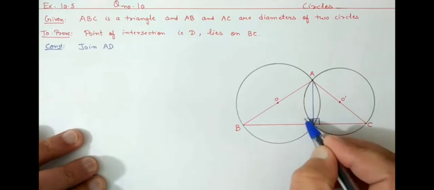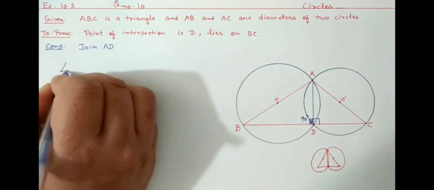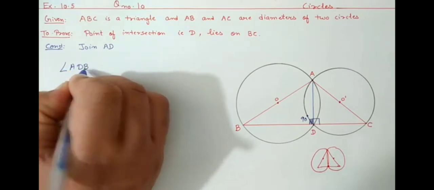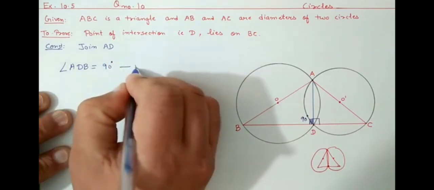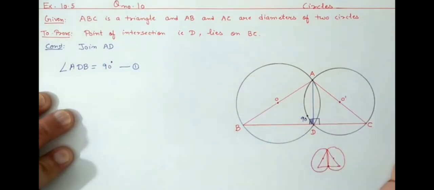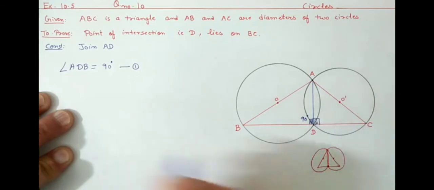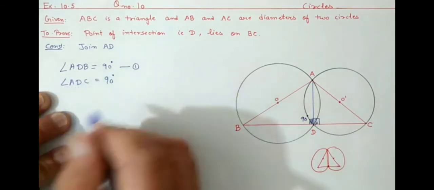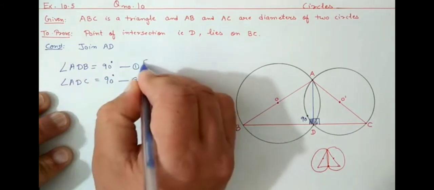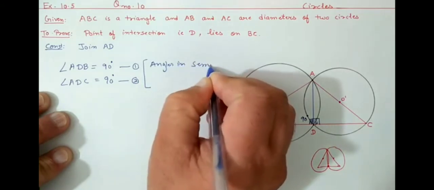Therefore, the measure of angle ADB is 90 degrees. So write down angle ADB is 90 degrees, equation 1. Similarly, AC is the diameter of the circle and it subtends the angle D in the semicircle. So the measure of angle ADC is equal to 90 degrees. Equation number 2. Reason: angle in a semicircle.